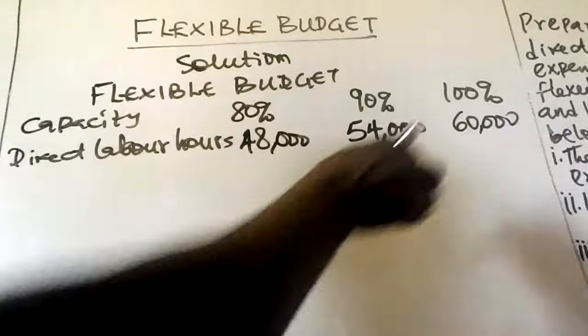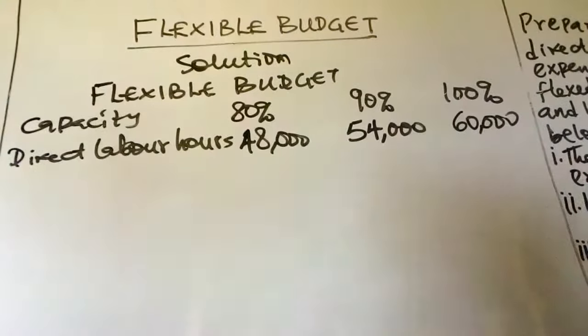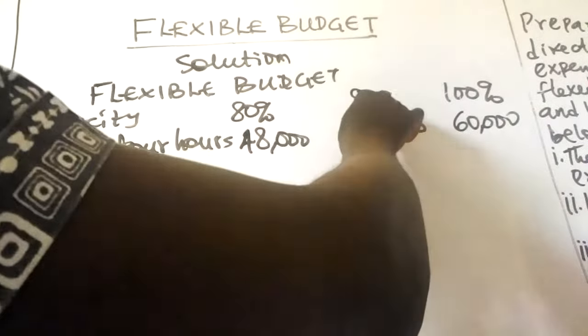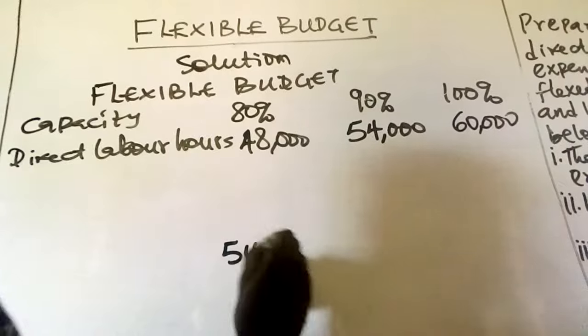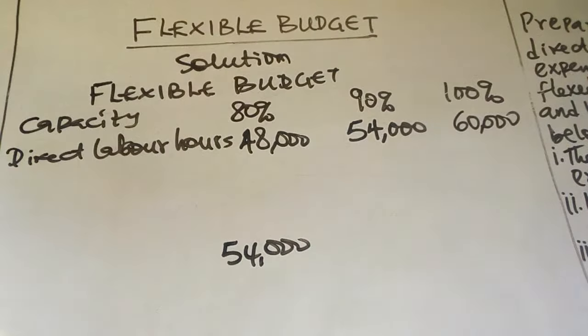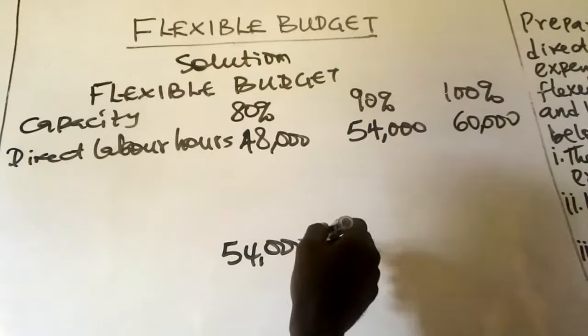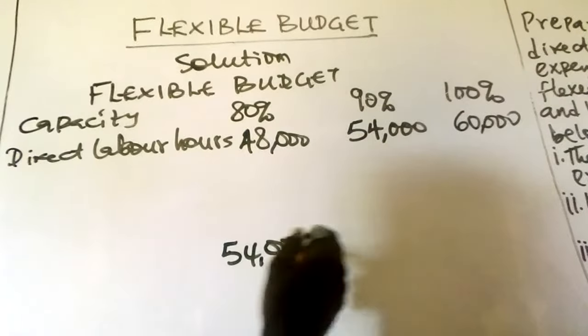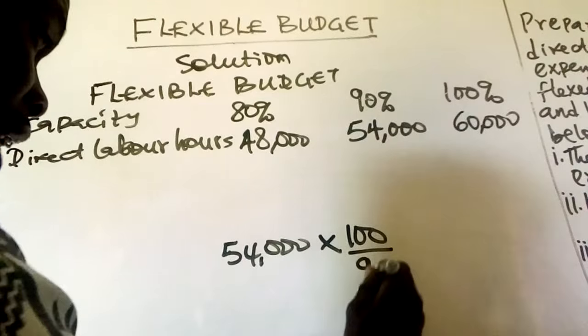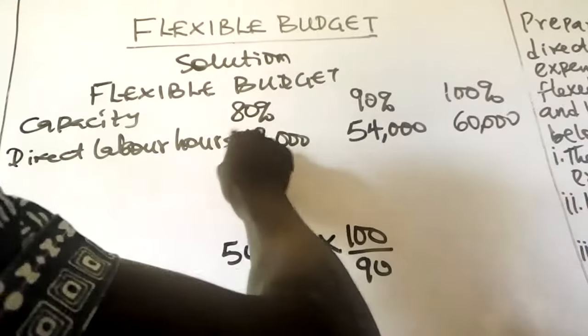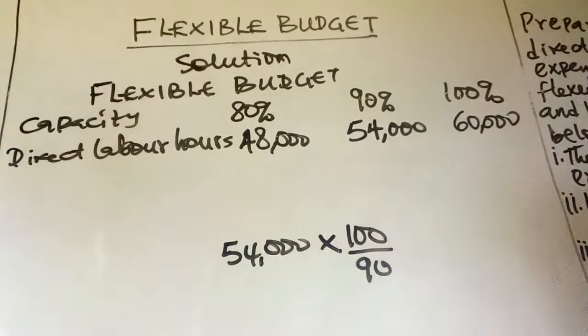But in case you are not given 100% capacity, you may be told that the direct labor for 90% capacity is 54,000. Then to calculate for 100%, since this is 90%, you multiply by 100 divided by 90, before you can calculate for other levels of activities.